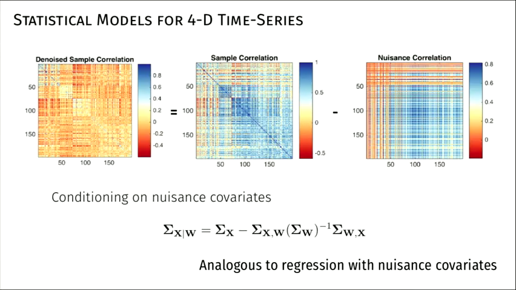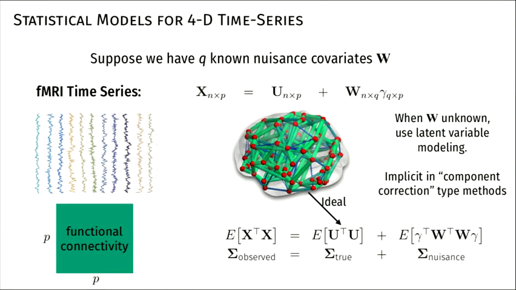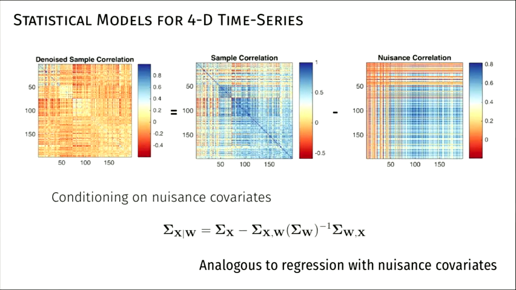Let's say I use as a nuisance W motion or anatomical composite correction or any of the nuisance variables. I can now estimate each of these quantities on the data, and decompose the denoised correlation as the observed correlation minus the nuisance correlation. So you can see how the structure of the data comes out. This is just a different way of visualizing what a lot of your pipelines already do.